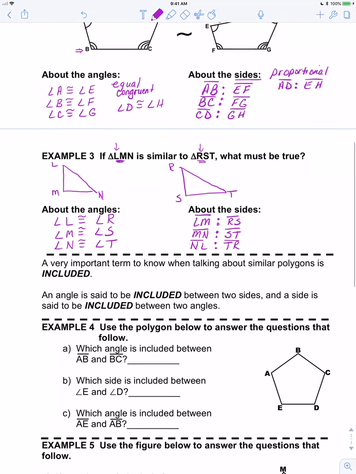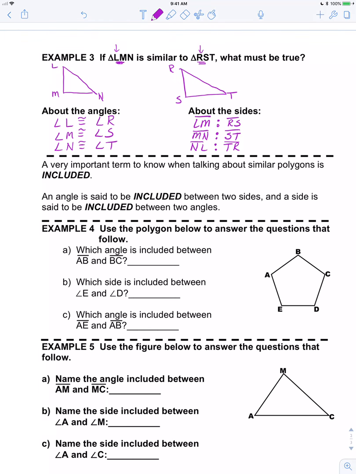Okay. A very important term to know when talking about similar polygons is what's included. Okay, an angle is included between two sides, and a side is said to be included between the two angles. And what we mean by that is that it needs to all sort of touch. Okay, so when angles are included between AB and BC, all right, so I'm going to draw a line here.